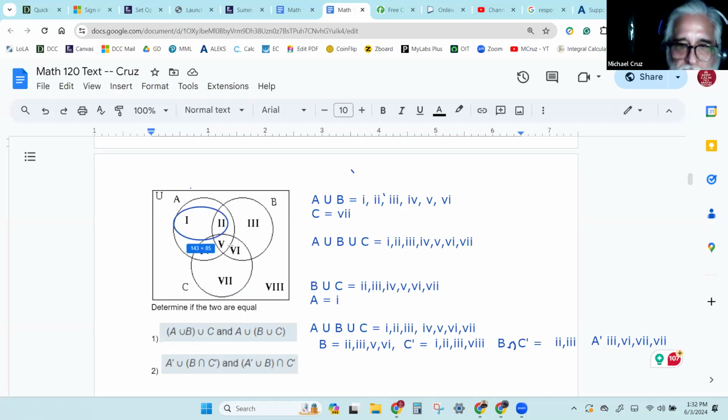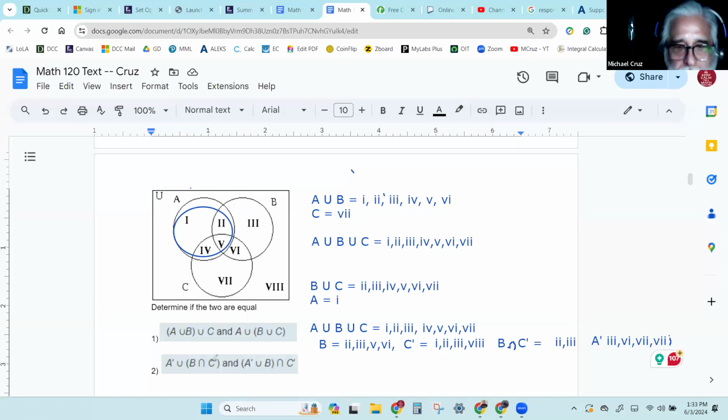So A complement is anything not in A. So that's 3, 6, 7, and then that should be an 8 there. Always double check. But see, it's easy to make a little mistake. And once you write something down, if you write it down wrong, you'll believe it, especially when you're in testing mode. Always double check.